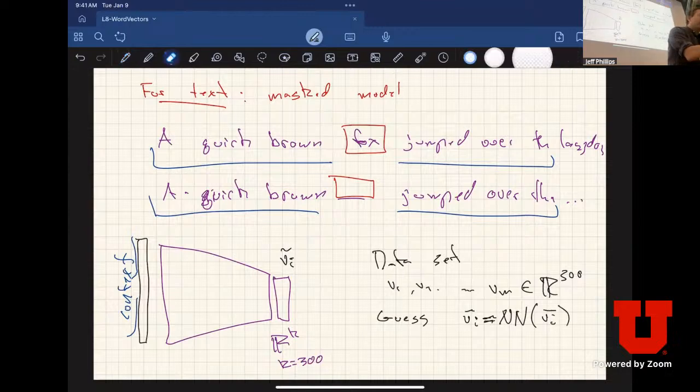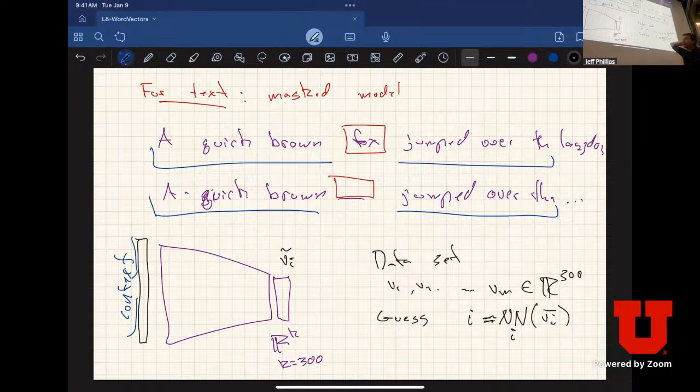So maybe I say that the true word i here is going to be the nearest neighbor. So I'm going to find the nearest neighbor in this high-dimensional space. I can do this with locality sensitive hashing, or by just checking each of the words against each other. And I'm going to guess that the true word is the one that's the nearest neighbor in this high-dimensional space under cosine distance or Euclidean distance.